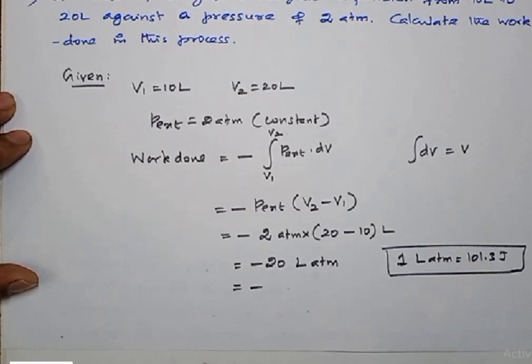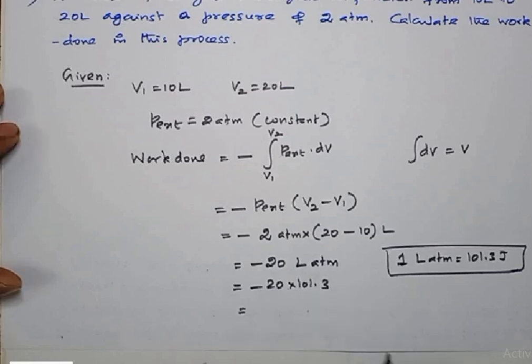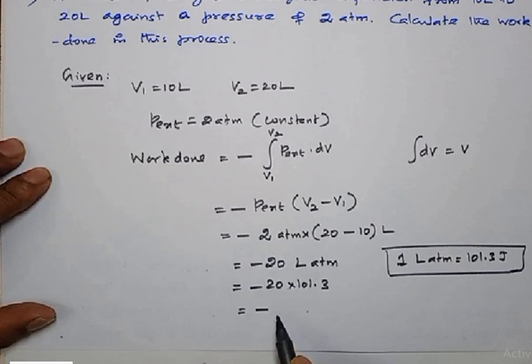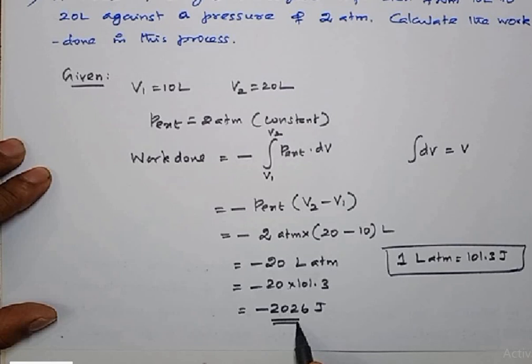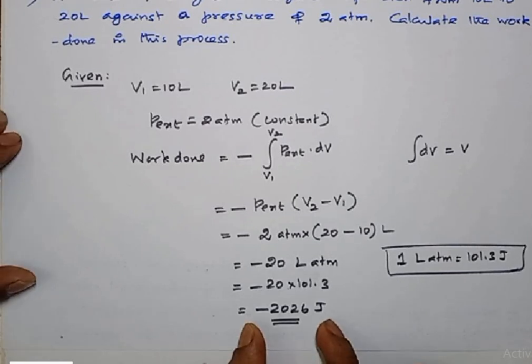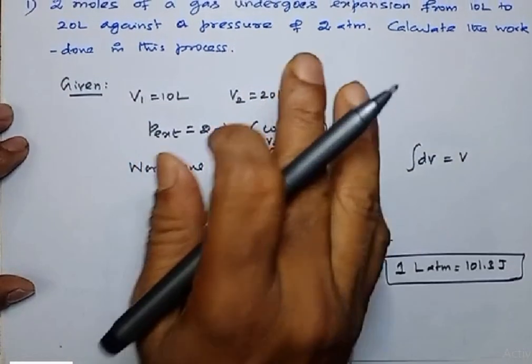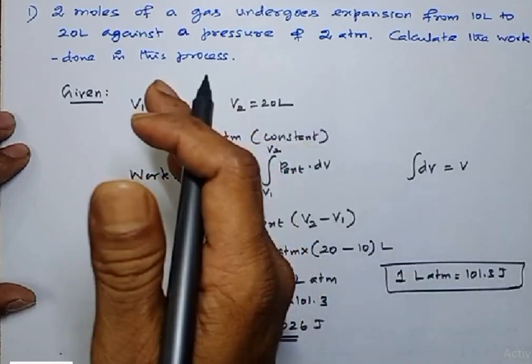Try to remember this. So 20 into 101.3 will give you the answer in joules, and it comes out as minus 2026 joules. This is the amount of work done when gas expands from 10 liters to 20 liters.